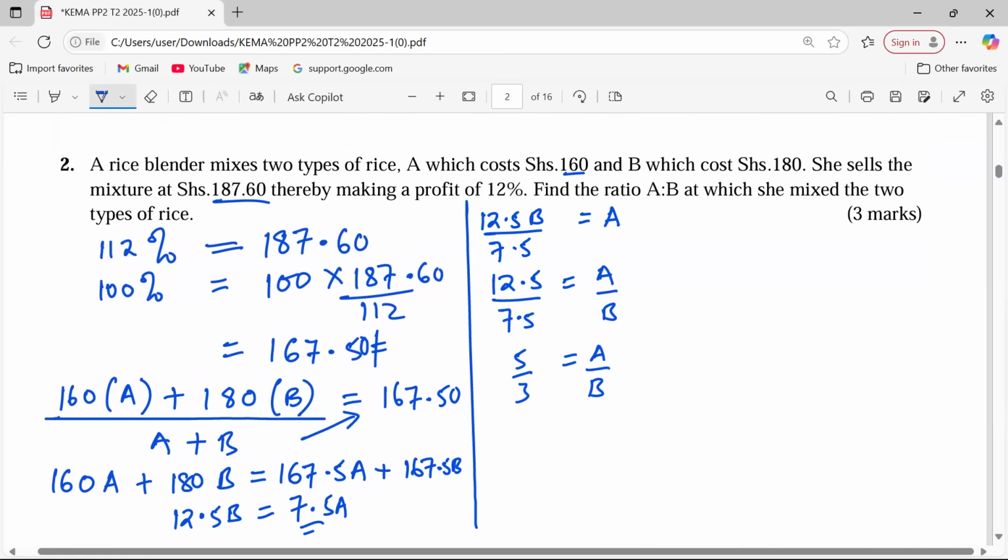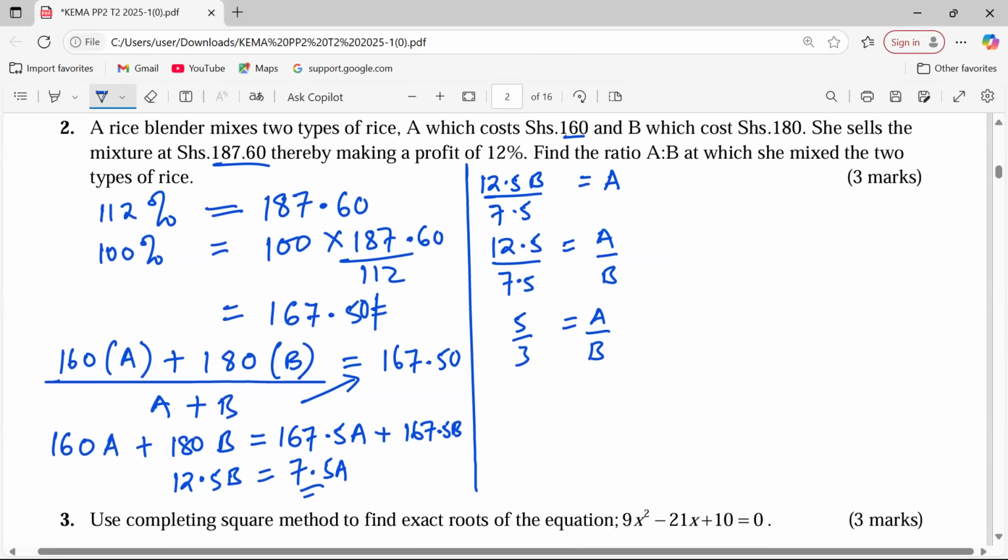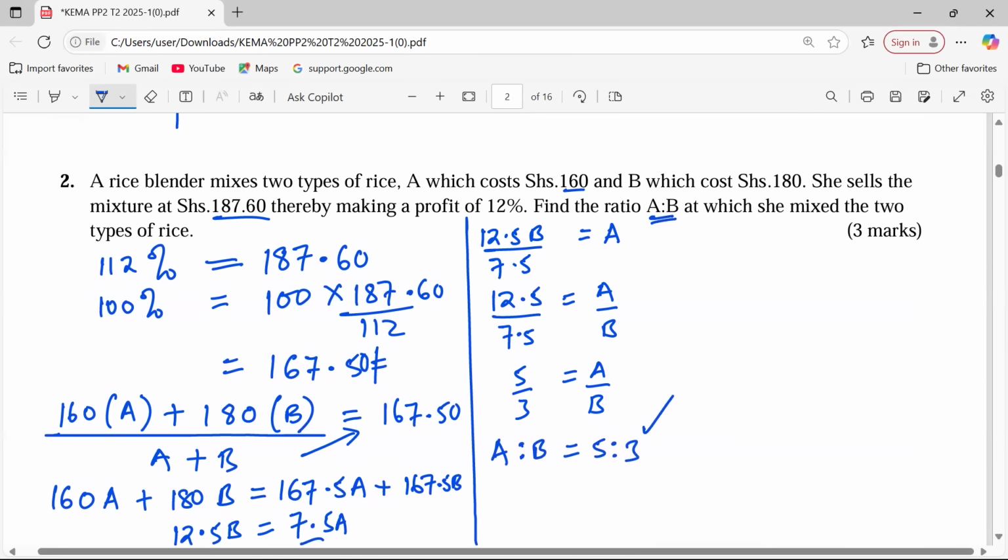Now with this, we are supposed to know that the ratio is already simplified and in fraction. So we can now write it as a ratio instead of a fraction. If A over B equals 5 over 3, then A is to B is 5 is to 3 that way. So that's how we get the ratio into which the two brands were mixed to get the blend.